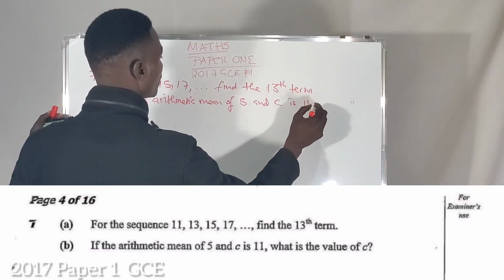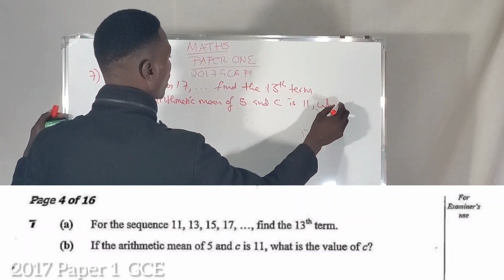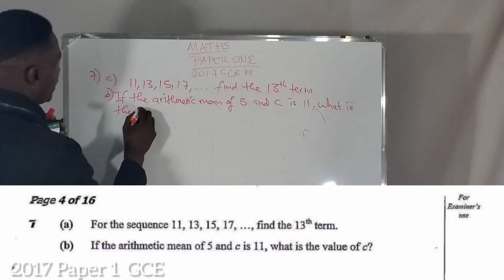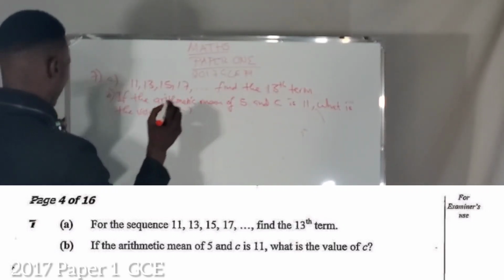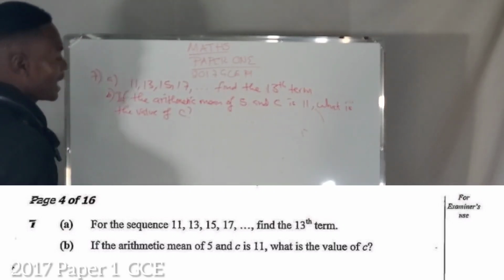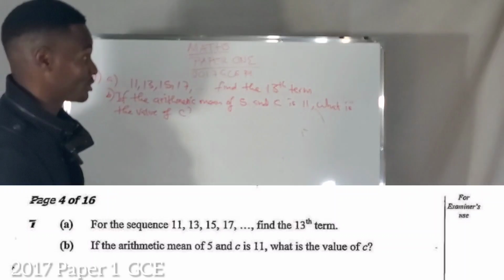What is the value of C? Right, this one is 1 mark, and then the second one is 2 marks. This is under sequence and series, arithmetic progression and geometric progression.